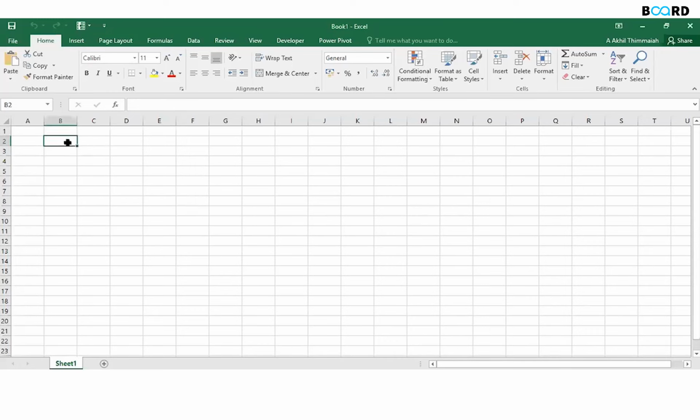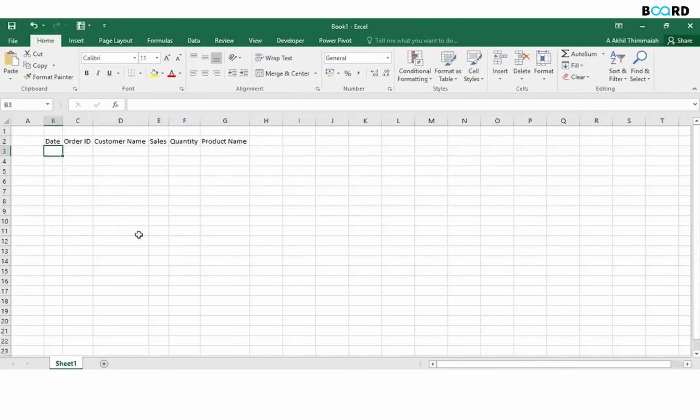So what used to happen was, let's say there is a date, there is order ID, there is customer name, there is sale, and let's say quantity, and maybe the product name. If you had gone to some shop or some factory, these might be the entries.